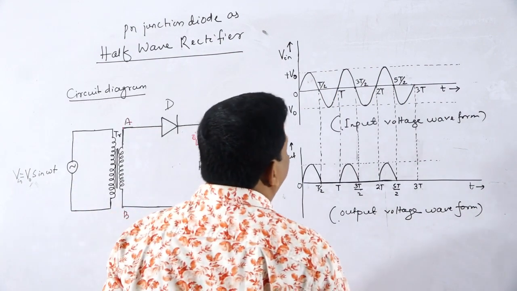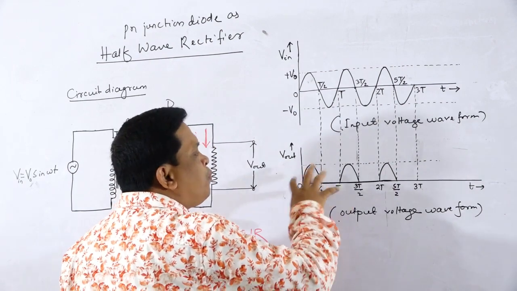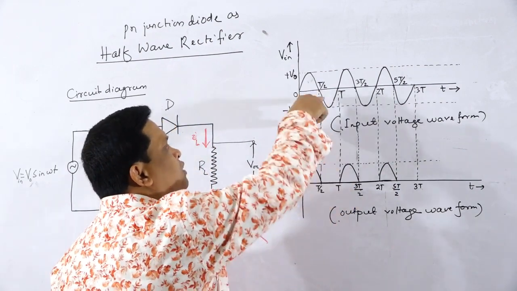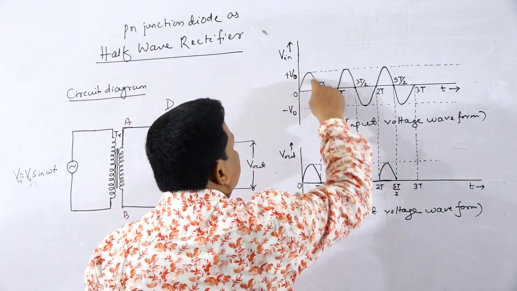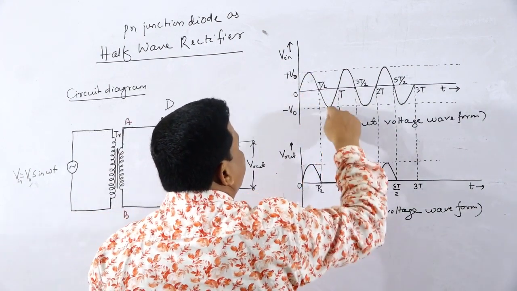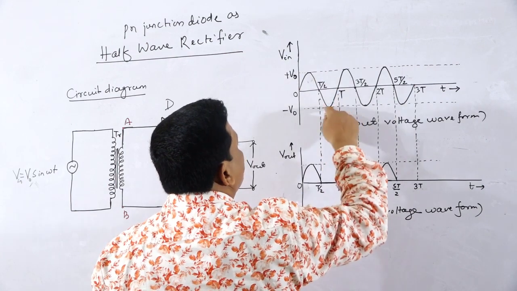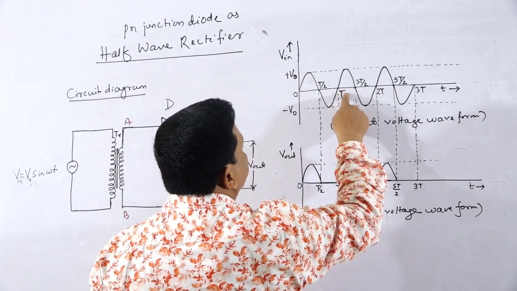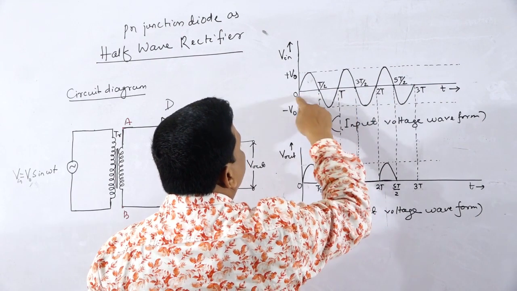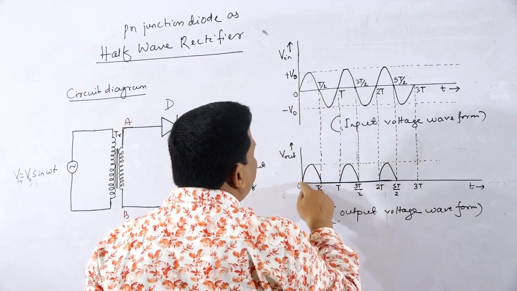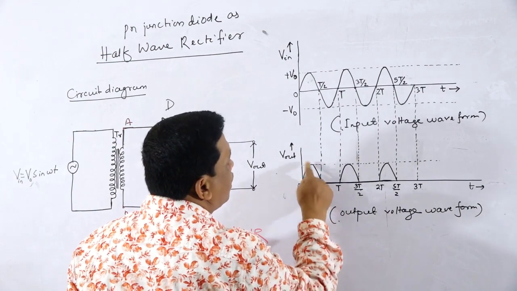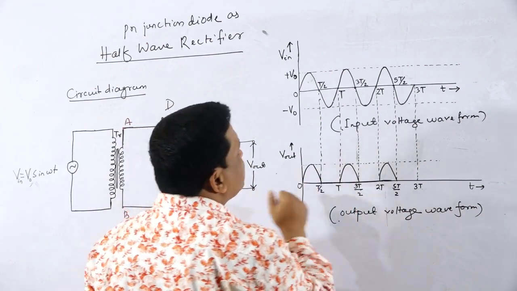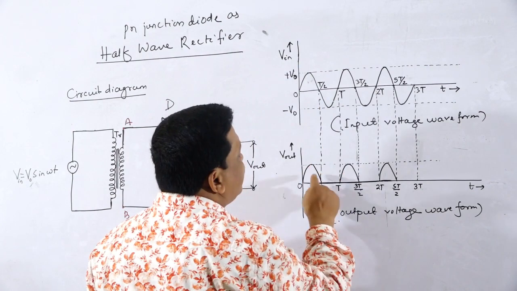Now compare the output frequency with respect to the input frequency. This is the time taken for the input to complete one cycle, 0 to t. When the input is completing one cycle, the output is also completing one cycle. What is a cycle?